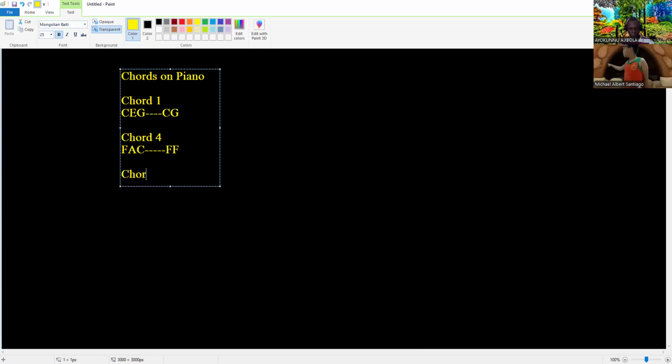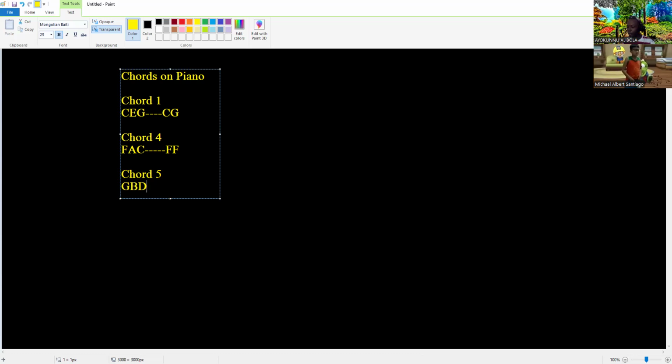Then chord 5. The 5th chord is supposed to be G, B, D at the same time, like this. So the first one, the second one, the third one: 1, 4, 5.